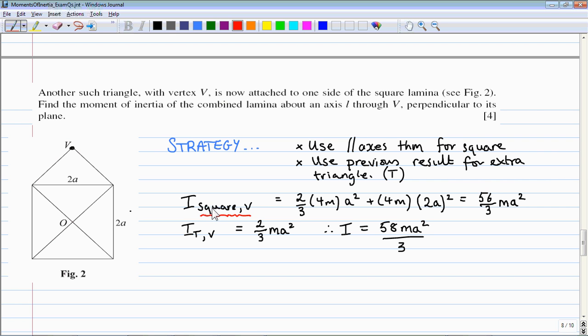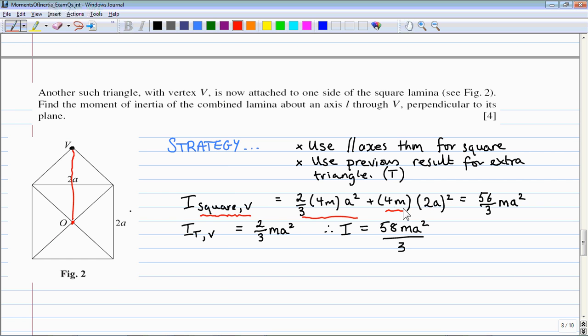So that's step one. Here we're using the parallel axis theorem, and we're taking, first of all, 2/3 times 4m, because that's the mass of the square, 4 times the mass of the triangle, times a squared. That's from the formulas in MF10. Now I'm going to add the mass of the square times the distance of the centre of mass of the square to V, which is 2a, all squared.